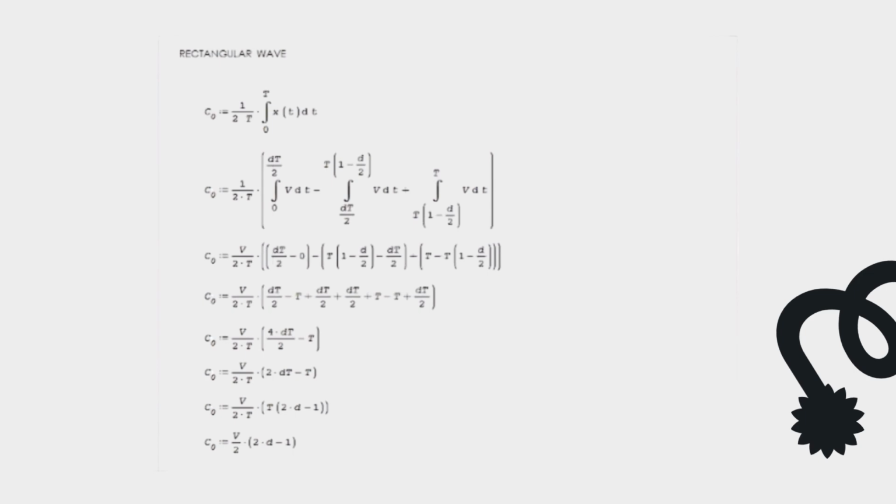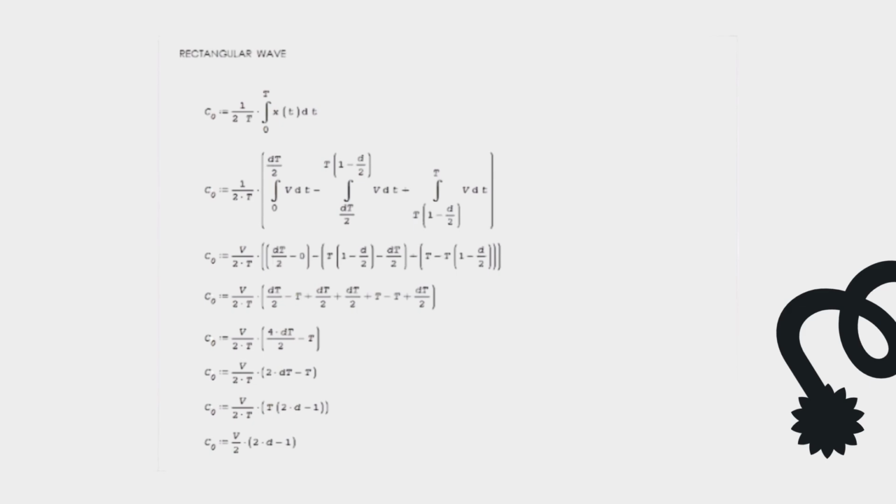So upon integration, c naught is equal to v over 2t times dt over 2 minus 0 minus t times 1 minus d over 2 minus dt over 2 plus t minus t times 1 minus d over 2.